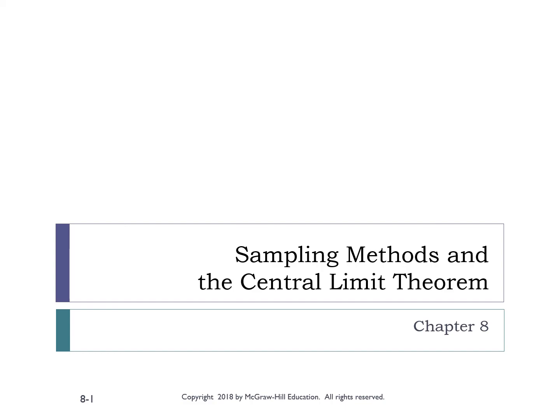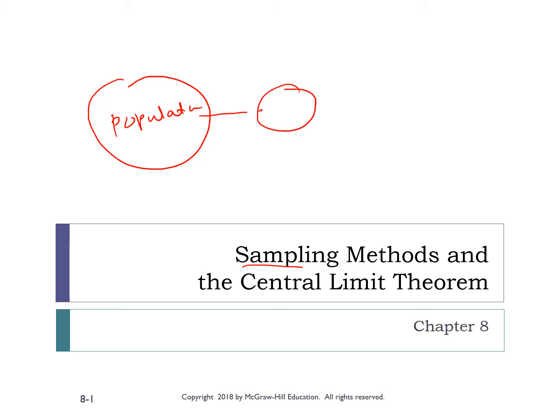For today's lecture, we will be focusing on sampling method and central limit theorem. You know that a sample is just part of the population. For instance, we are talking about the population of Malaysia. So you have so many people in the population, and a sample is just a small part of your population. Okay?